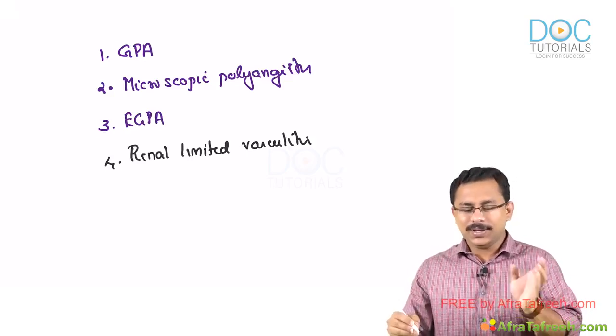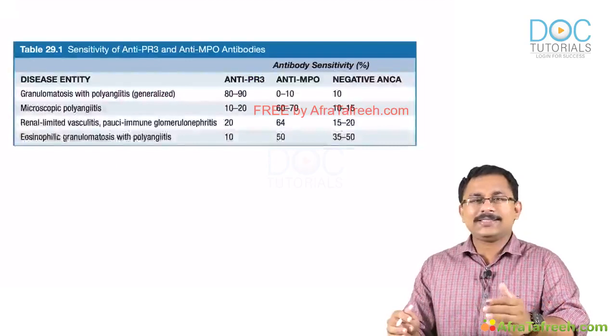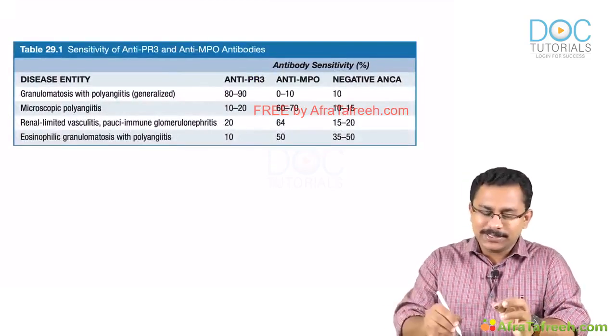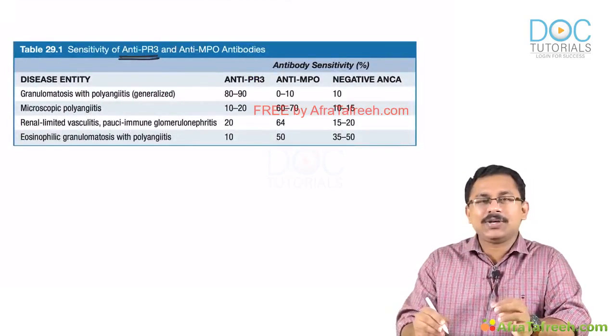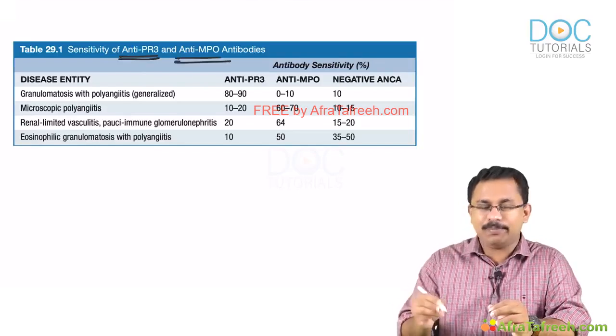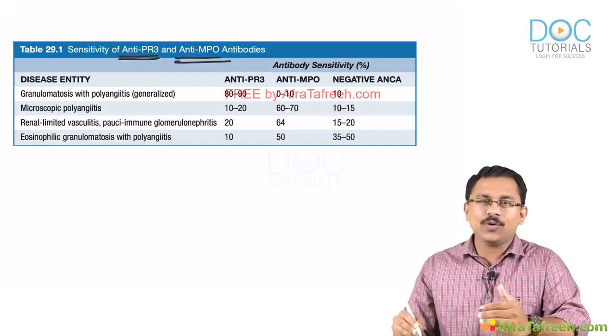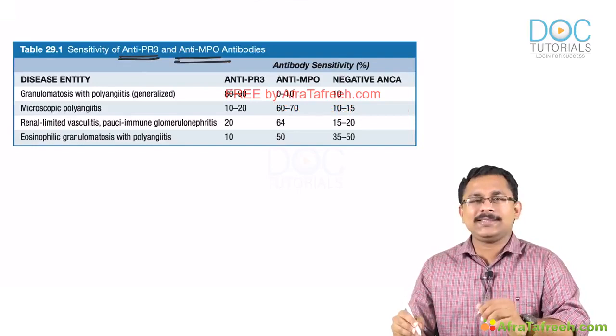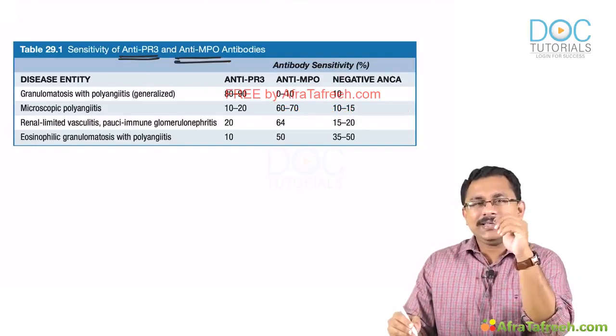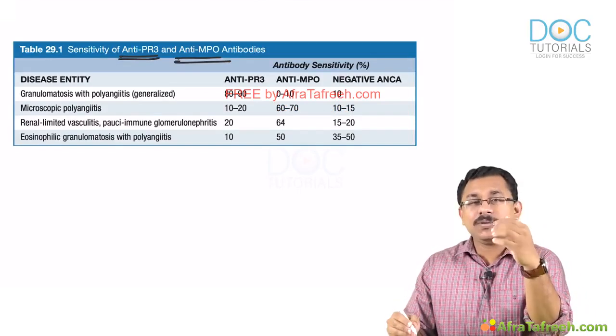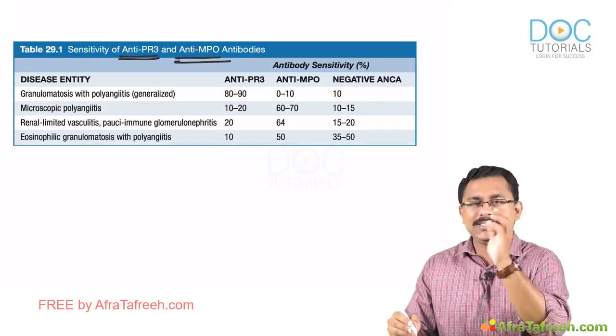Now see, I'll just show you a table of the various antibodies, that is the ANCA antibodies. Anti-PR3 is your anti-proteinase 3, and anti-MPO. So out of these four ANCA associated vasculitis, please understand that certain antibodies are found more in frequency in certain disorders.